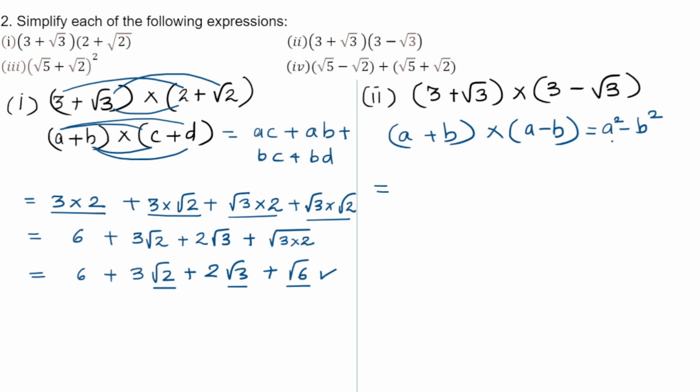So we can put it in this identity and we are going to get here 3 square minus root 3 square. So 3 square is 9 minus root 3 square is root 3 into root 3, and we get our value as 3. So here the answer is 6.